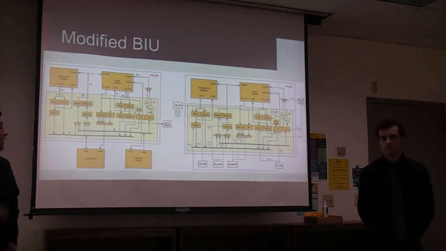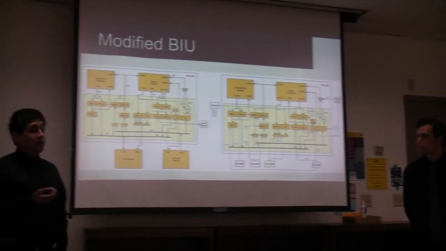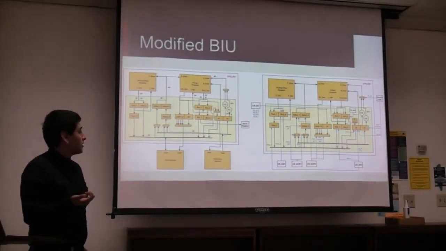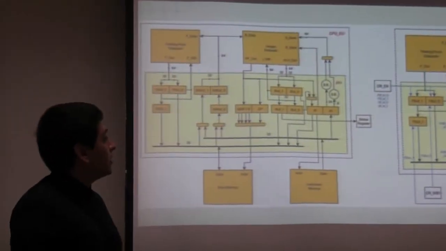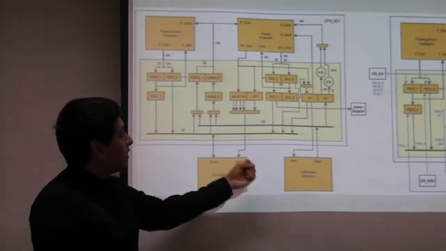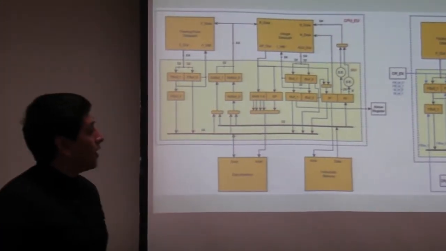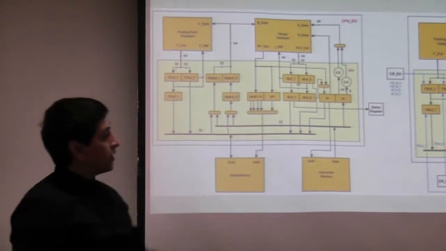So this is the BIU that we did. It's based off the baseline BIU, and all we did is add extra registers for each stage. So here are the write buff registers used to write to data memory. The top 2 are for the write-back 1 stage, and the bottom 2 are for the write-back 2 stage.